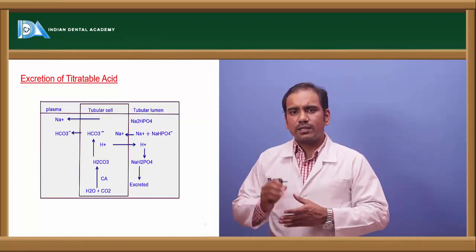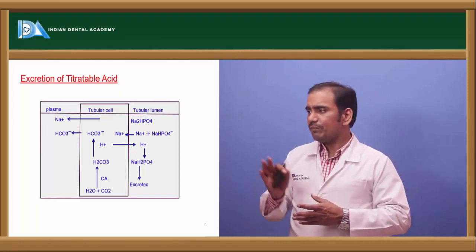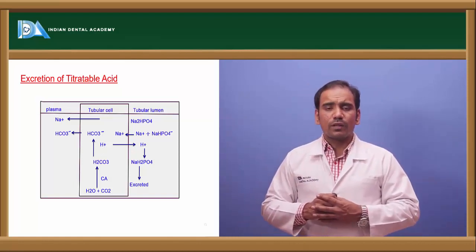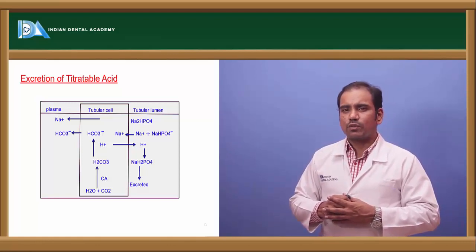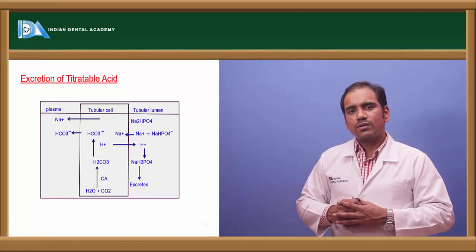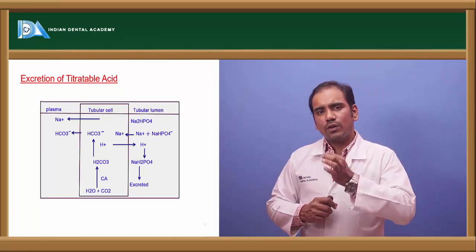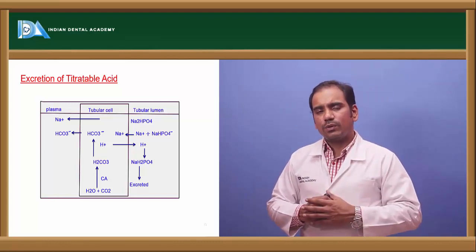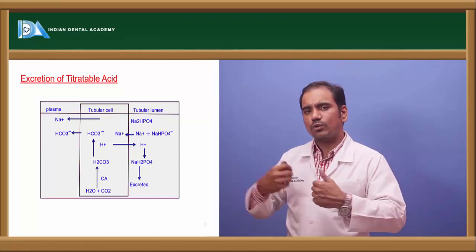So H plus ions are excreted into the tubular lumen, and those H plus ions are buffered by the phosphate buffer. The phosphate buffer has two components, disodium hydrogen phosphate and sodium dihydrogen phosphate. The disodium hydrogen phosphate donates the sodium ions. So in exchange for sodium, H plus ions enter into the tubular lumen.